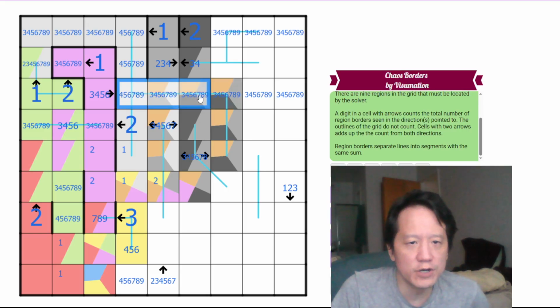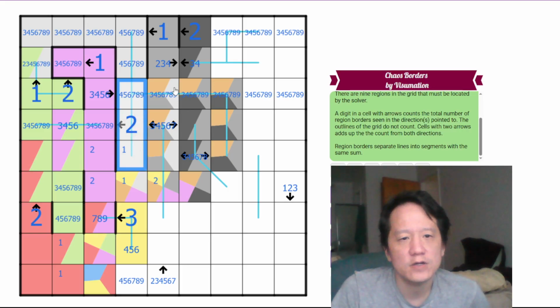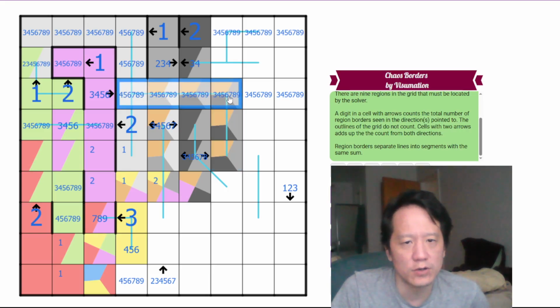So you have one here, but you can only have one, right? This is either all the same here, and this is light, or this is light, and this is all the same. So this would have one border here, which means you need two other borders. So it has to be here and here, right?